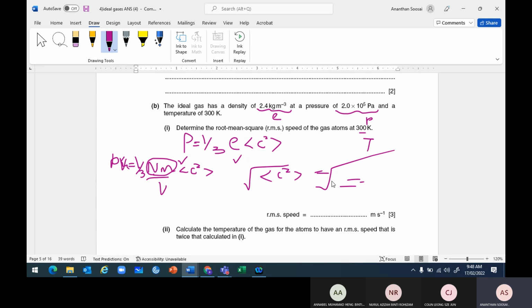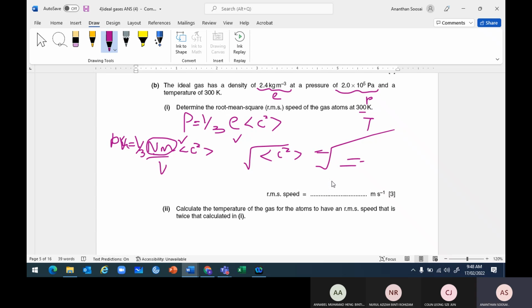Okay, think about part 2. Can you figure out which formula to be used? What equation to be used?